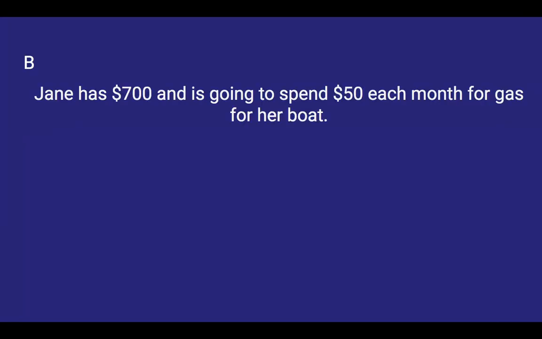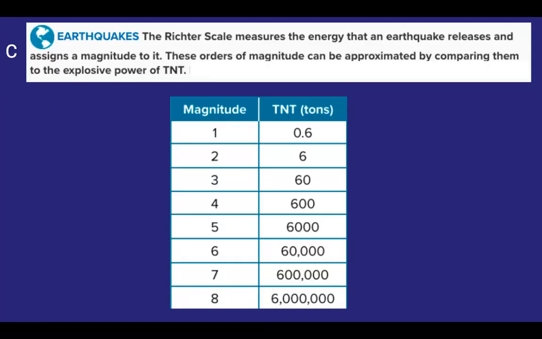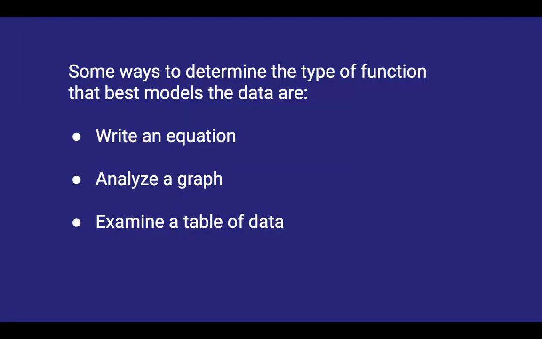We might be given just a description. And so we're going to look at what we've been given and use the information we know from our previous studies to determine if we should pick linear, exponential, or quadratic to model the data.